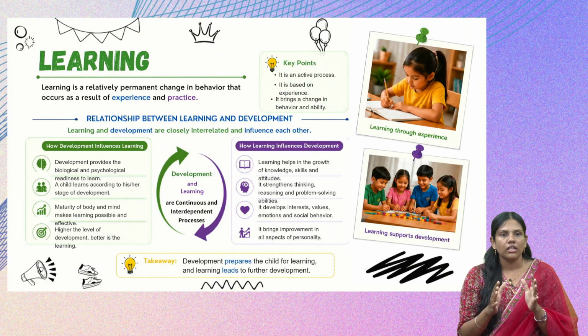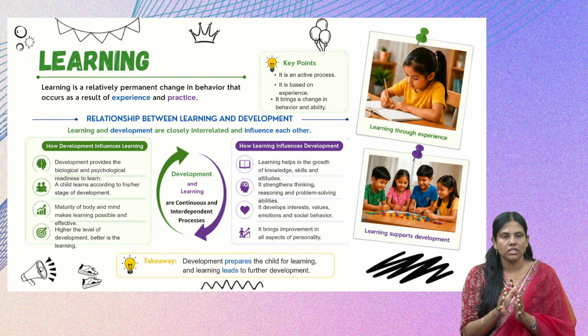So there is a relationship between learning and development. Development prepares the child for learning, and learning leads to further development. So both are continuous and interdependent processes. Learning is always an active process based on experiences and practice.